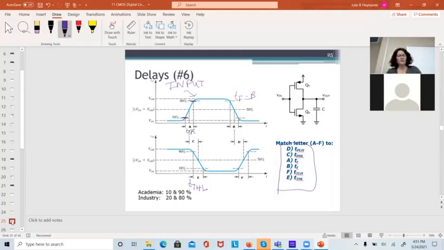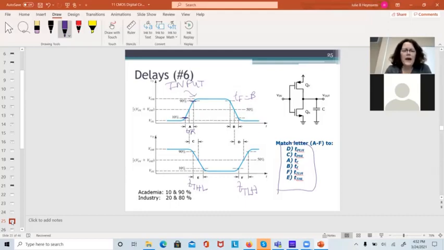So transition time is like rise and fall time on the output. We have to give it a different name because otherwise you don't know which TR and TF it is. This one is also a transition time. It's going from 10 to 90. And the output's going from low to high. So this is TTLH.